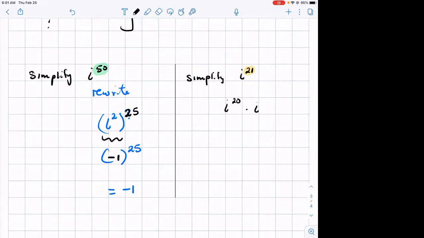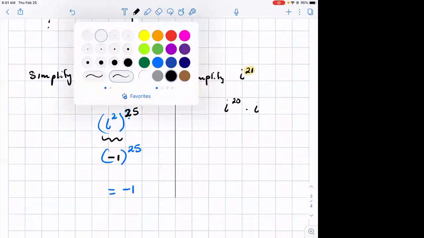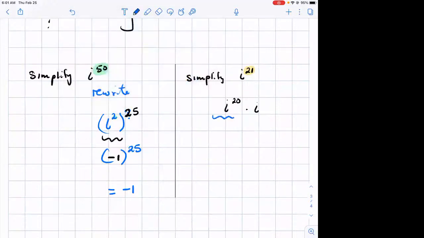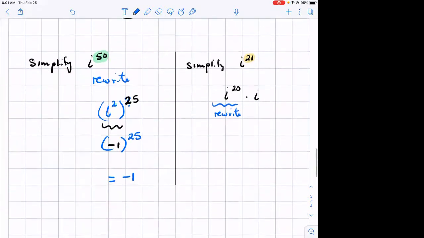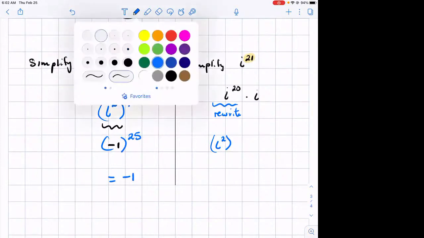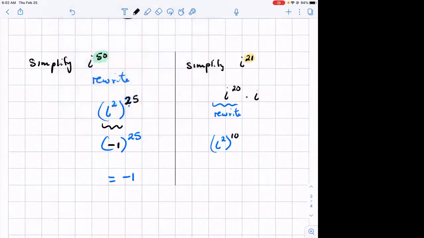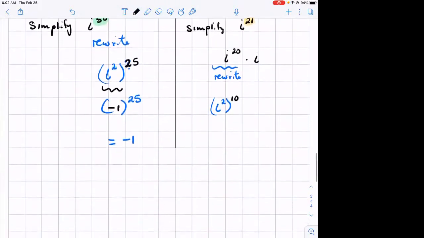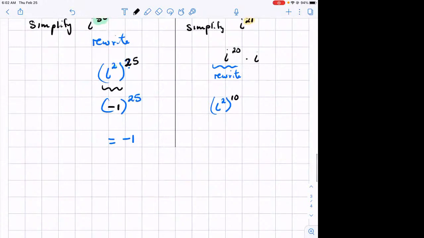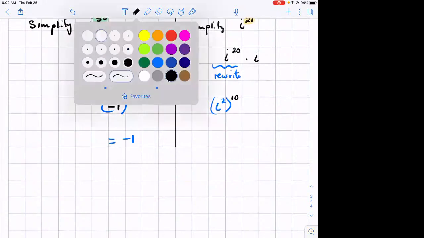And then we rewrite the even side. If we rewrite that, we get i squared raised to the 10th power, because 2 times 10 will give you 20. And don't forget, we have to bring down our i.